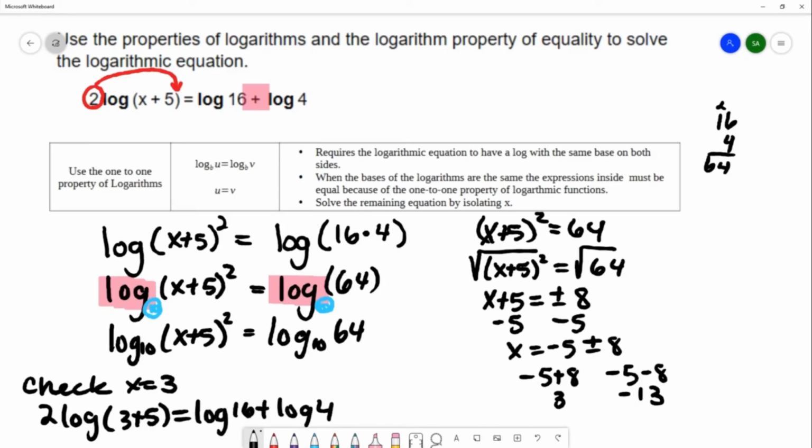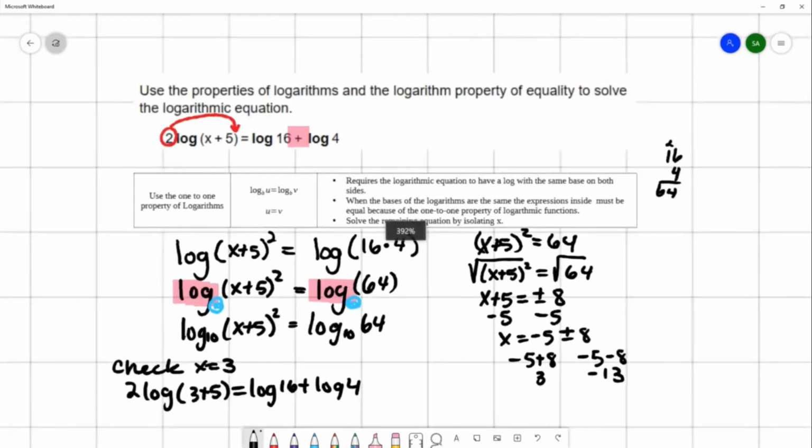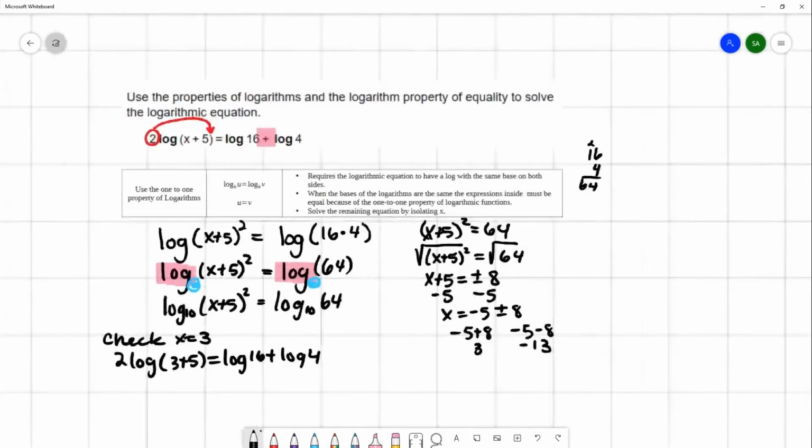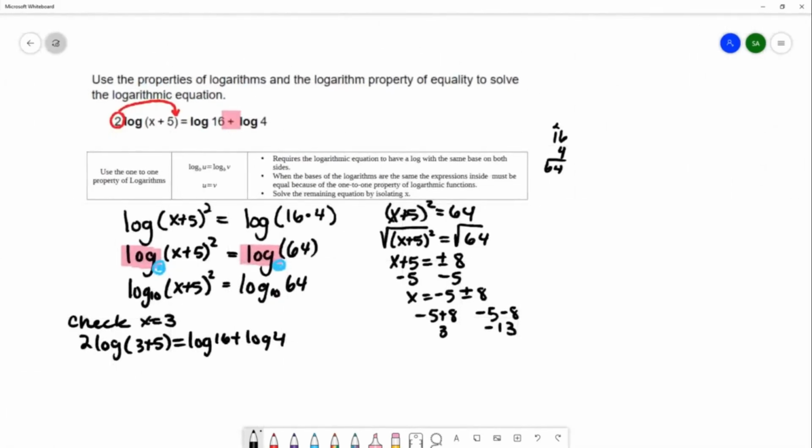And when we check, what we're checking for is to make sure that our value is in the domain of the log. And we can only take the log of positive values. So we're checking to see if this expression inside the log is positive, and 3 plus 5 is positive, and these other expressions inside the log are also positive. So we're going to keep the solution of 3.